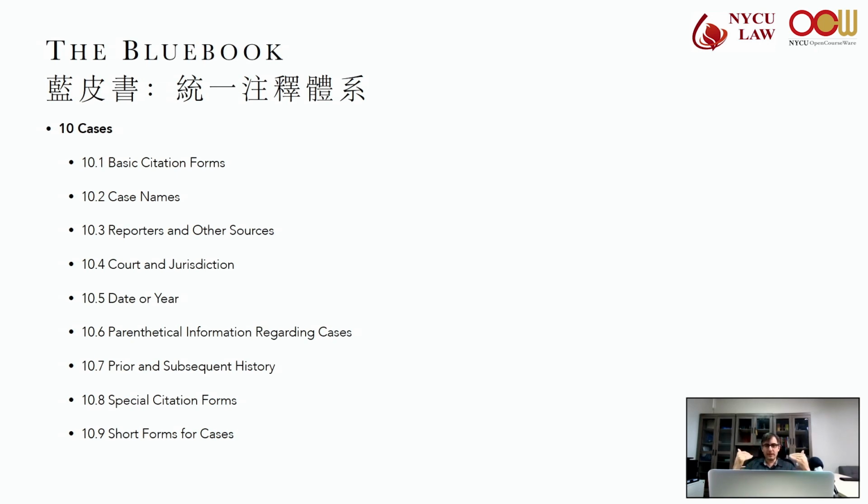So a subsequent id can refer to the Jackson concurrence. Now, if we're changing to a different concurring opinion, we have to indicate that again in a parenthetical. And if we're going back to the majority opinion, then we have to indicate that in a parenthetical as well.